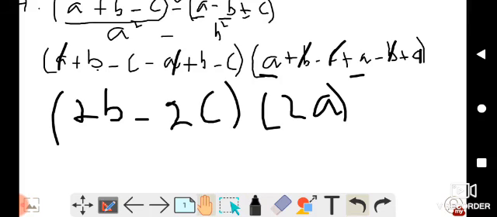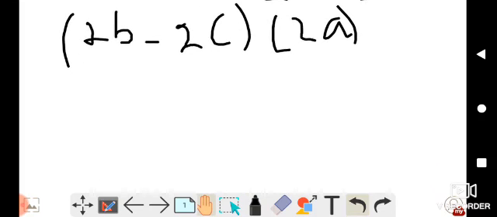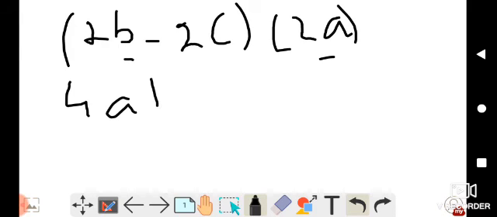So beta, we will multiply these with each other. This 2a multiplying with the whole bracket, this 2b minus 2c, so we multiply. If we multiply 2 by 2, then the answer is 4. Okay, here is a, here is b, so we multiply a, b. And in the second term there is 2c, so we multiply, first give minus sign, 2 by 2 is 4ac.